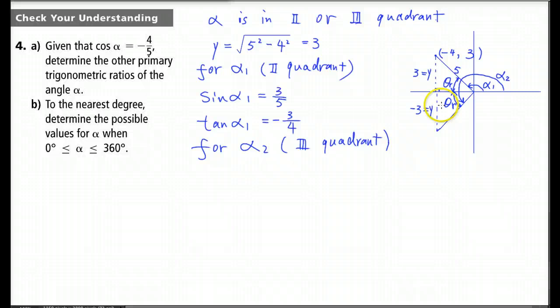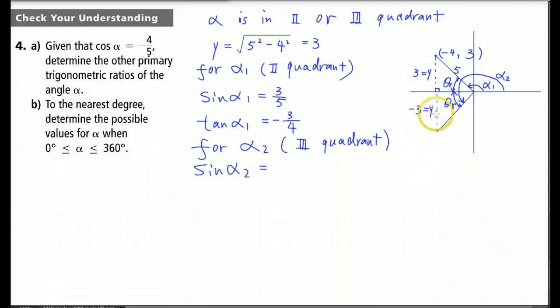Okay. So that's why the cos alpha 2 is also negative, because the x is negative. Sorry, I made a mistake. So the y is negative 3. That's true, but it doesn't matter for the cos, because as long as x equals negative 4, the cos is always negative. And then we just do sine alpha 2.